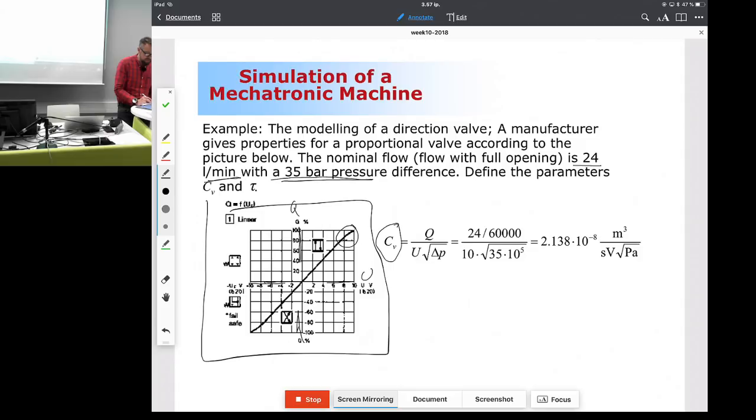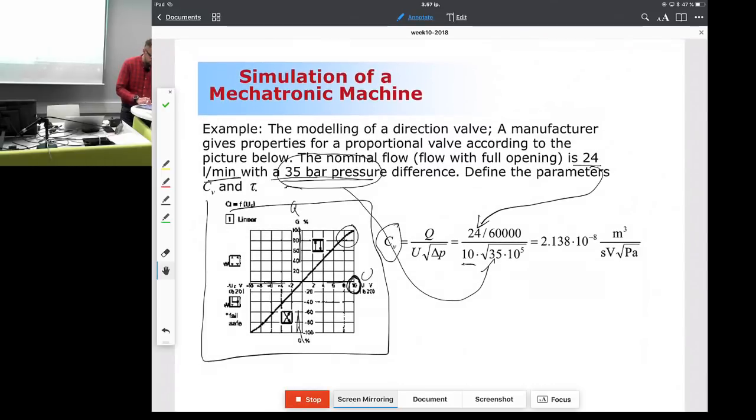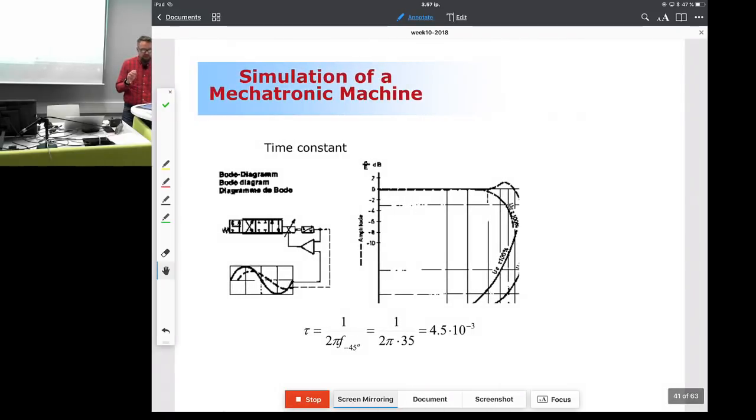So I'm going to take this 24 liters per minute and put it here, and use this 35 pressure difference and put it here. I'm going to convert the units to SI units, and the full opening will stand for the 10, because in a full opening, here's the value 10. That's where it's coming from. So that's my semi-empirical parameter, and then moving on, I'm able to define the time constant.